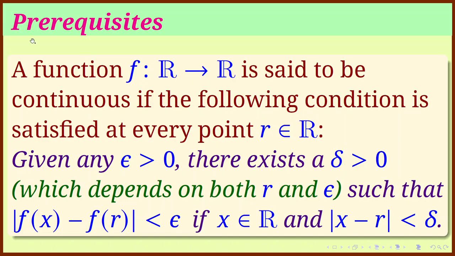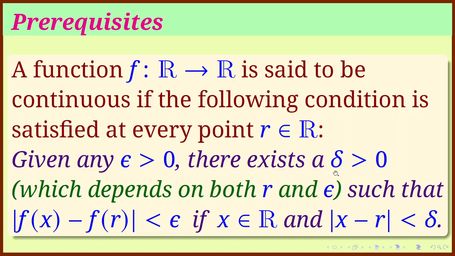We need some prerequisites. We start with the definition of continuous functions. A function f from R to R is said to be continuous if the following condition is satisfied at every point r lying in the real line. Given any epsilon greater than 0, there exists a delta.